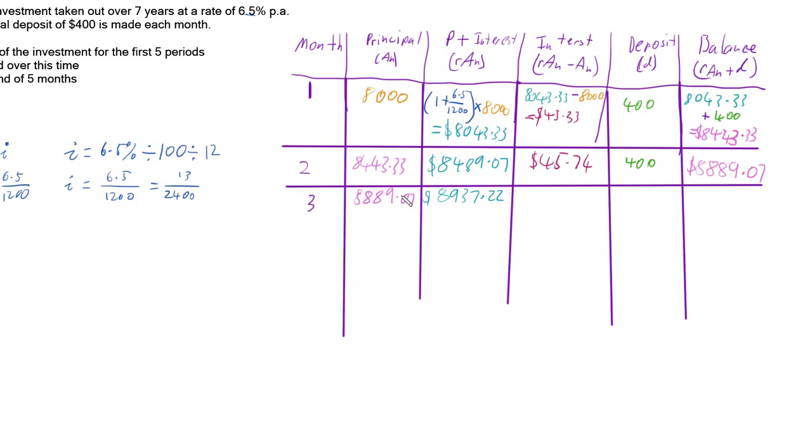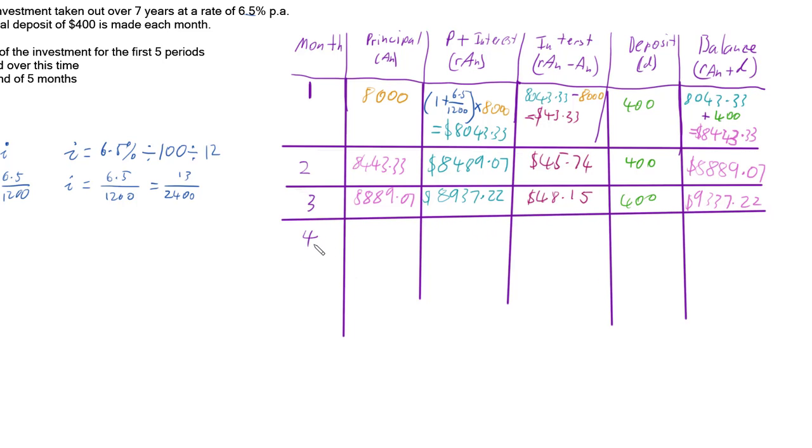Subtract off our principal from that amount, and we get our interest, which this time is $48.15. So about $3 extra of interest is earned this month on top of everything. Add on the $400, so we do our principal plus interest, RAN, plus our deposit $400, and we're going to finish the third month with $9,337.22.